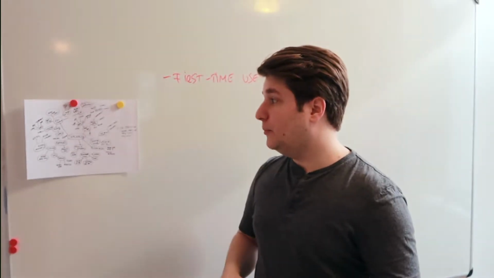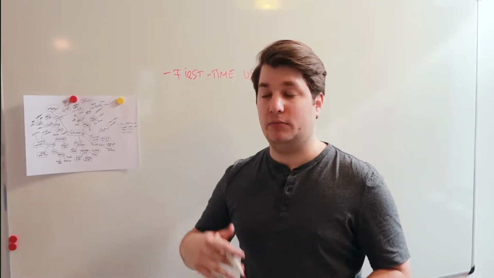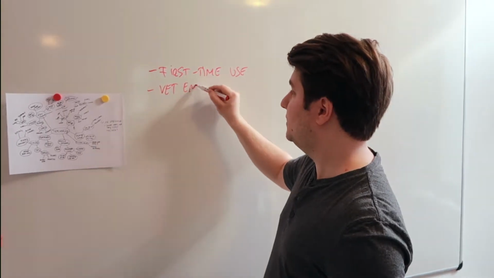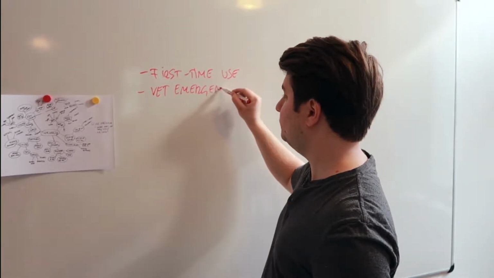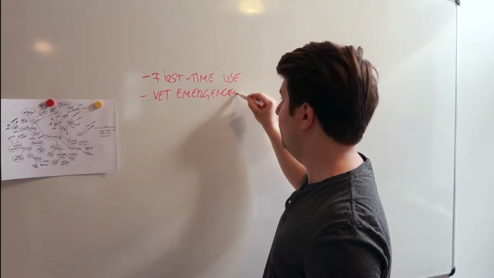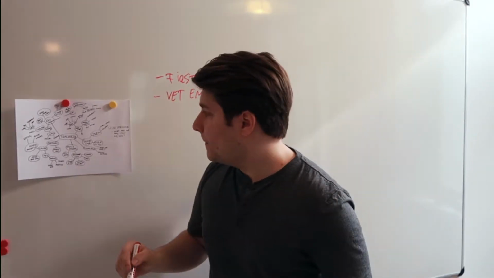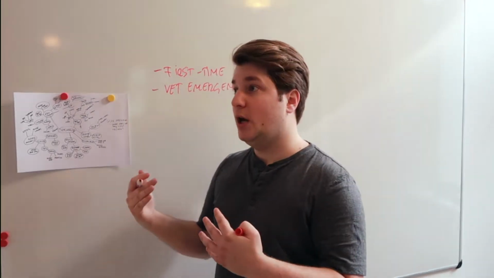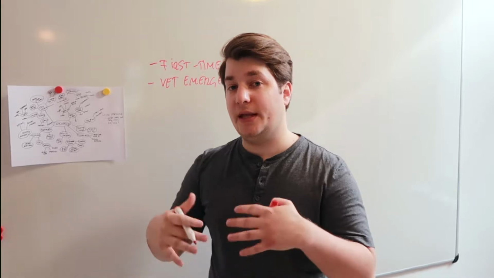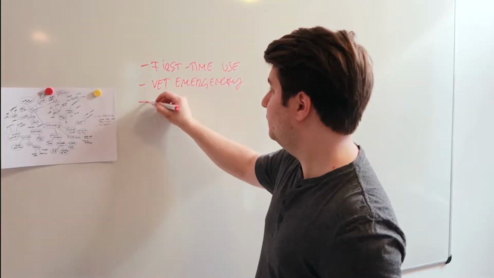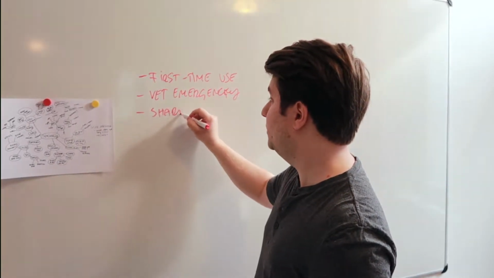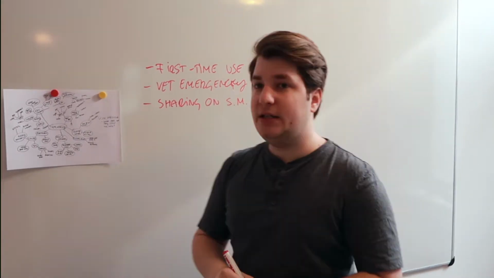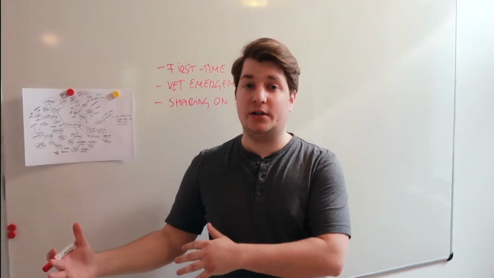But then, for example, I want to contact the vet, or a vet emergency use case. Or I want to monitor the activity of my pet, or I want to share something on social media. That's a bit different use case. Sharing on social media. So obviously these are different scenarios that we can think through.